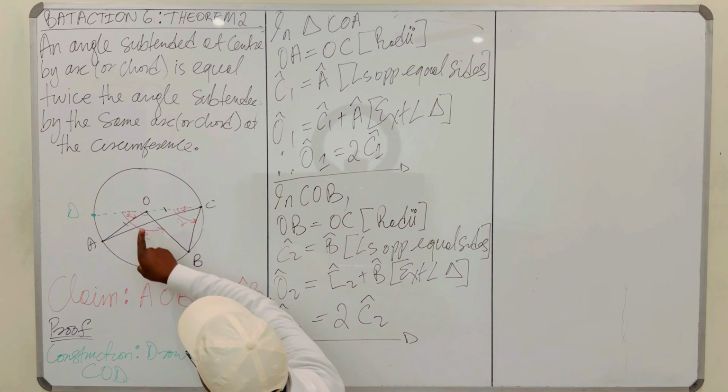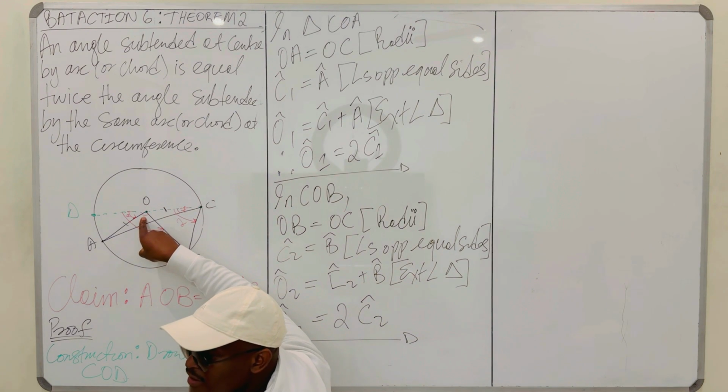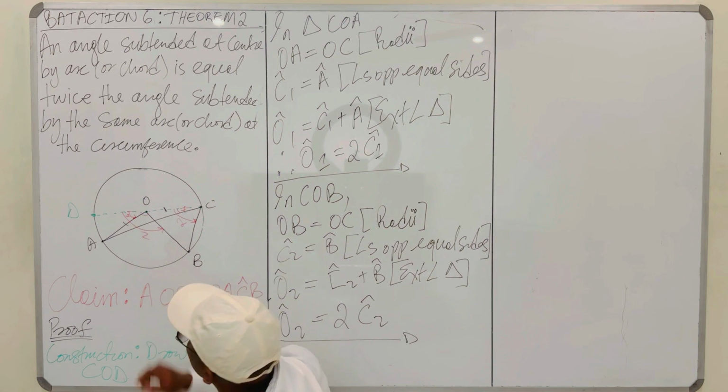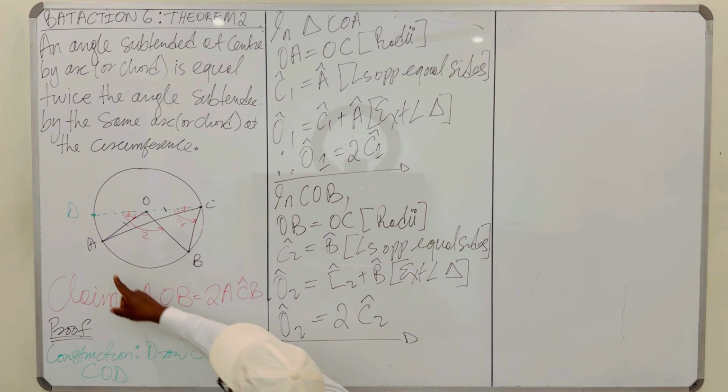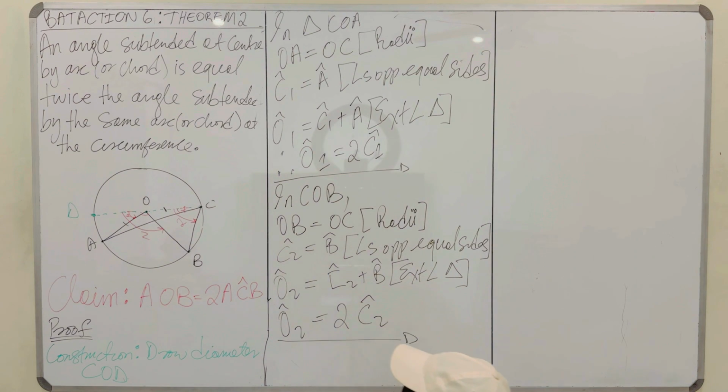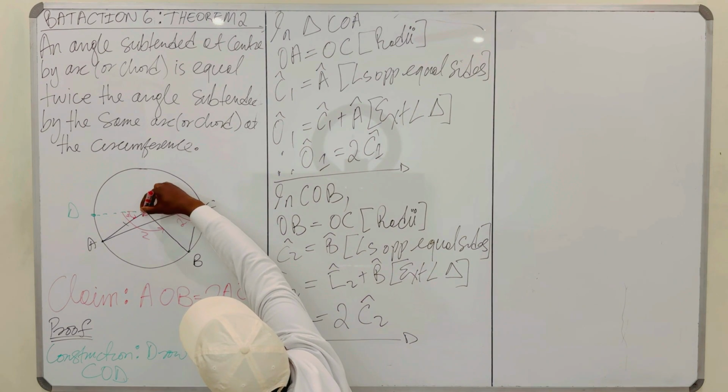But we're looking for this triangle here. Are we not looking for that triangle? Which one? AOB. How do we find AOB then? How do we find this angle here?